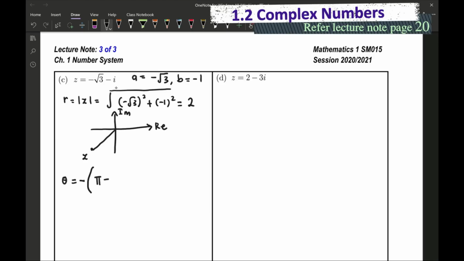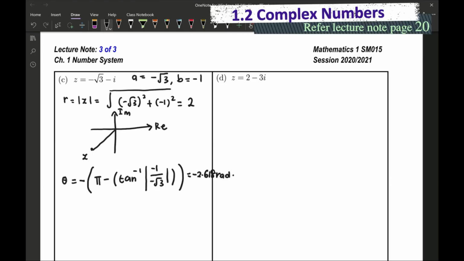Minus what? Minus tangent inverse of modulus b over a. So our b is negative 1 over negative 3. Modulus here means that if we get a negative inside, we must make it positive. So from our calculator, the value that we should get is negative 2.618 radians.